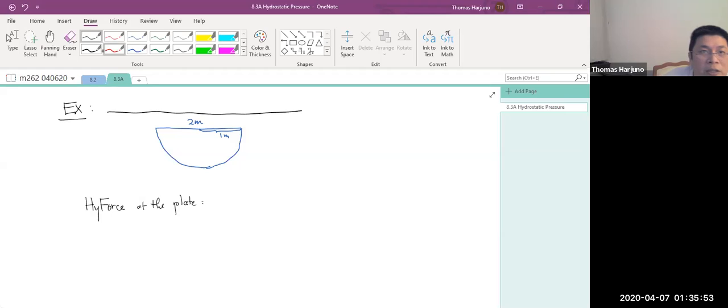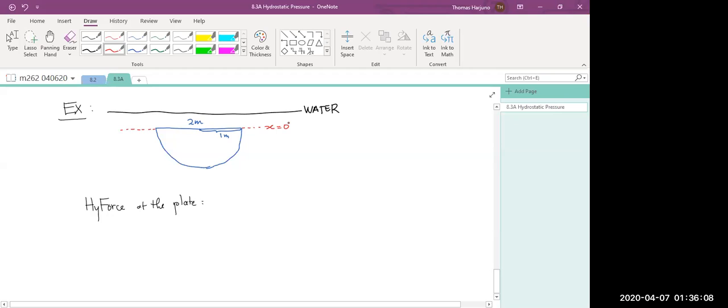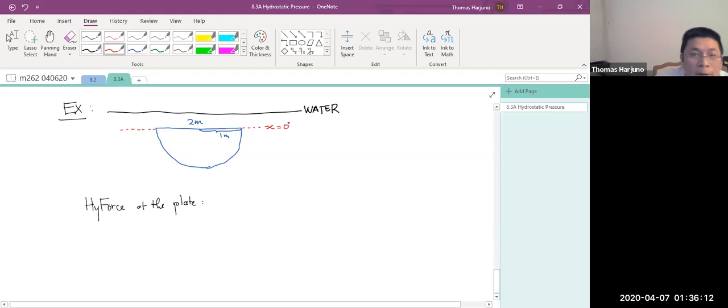Notice that this is the surface of the water. Now, suppose I make my x to be here. This is x equals 0. Let's say that's my x equals 0. And if I go x units down here, let's say this is x, what will the width be?